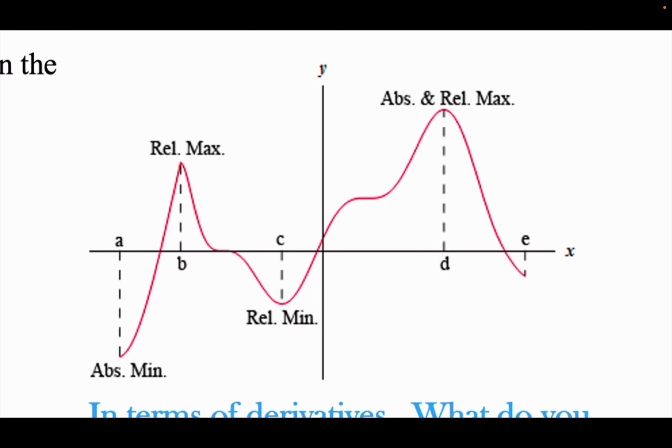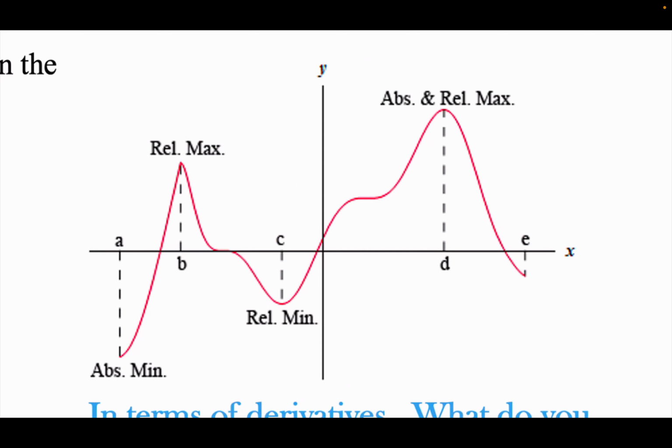What are the relative maximums and minimums? Relative means just for that general area. Just for that general area, it's a maximum or minimum. Like in this general vicinity, this is the top Y value. Overall, it's not the top. D is. But at B, it's a peak.